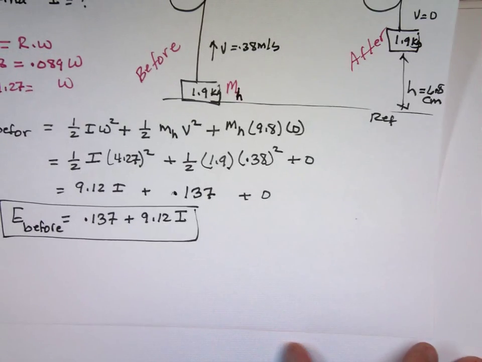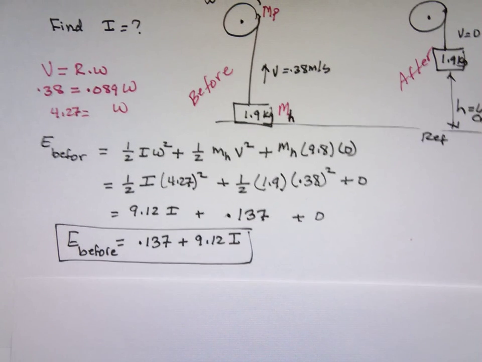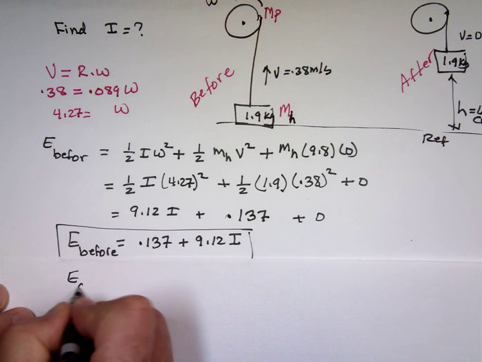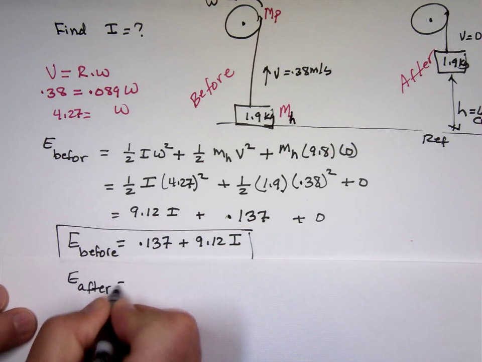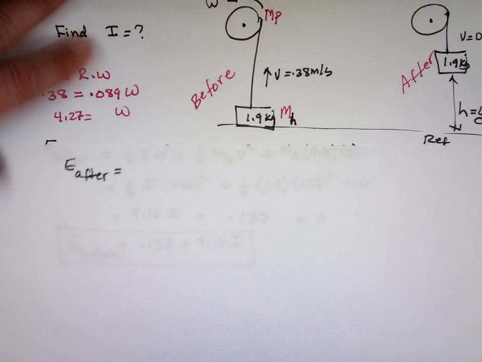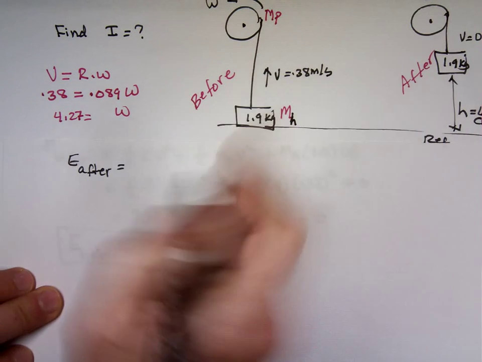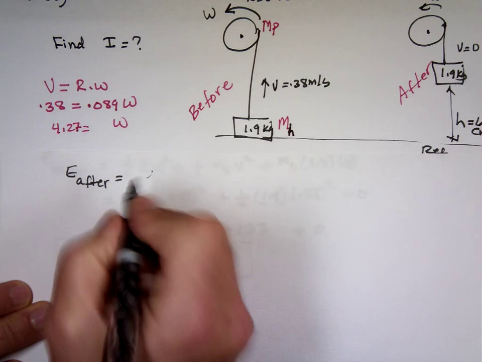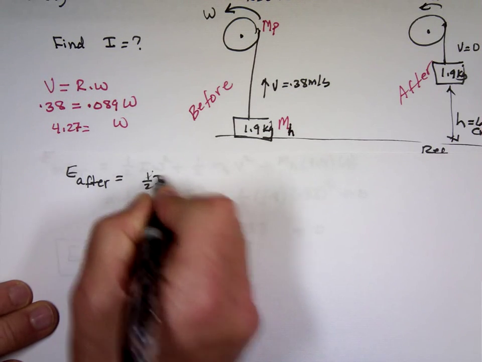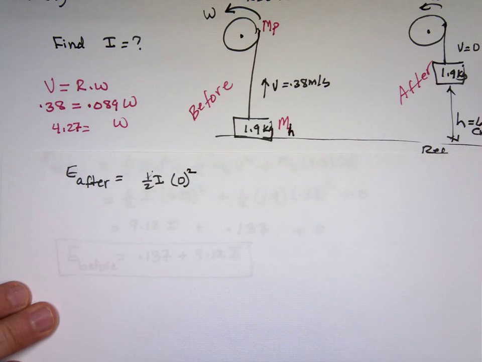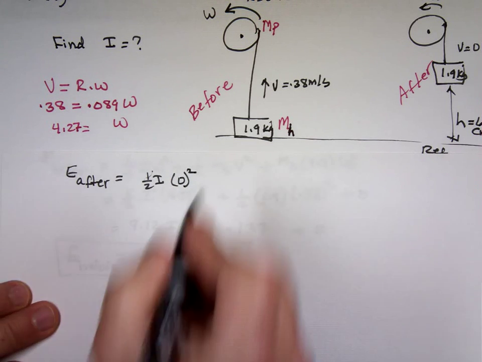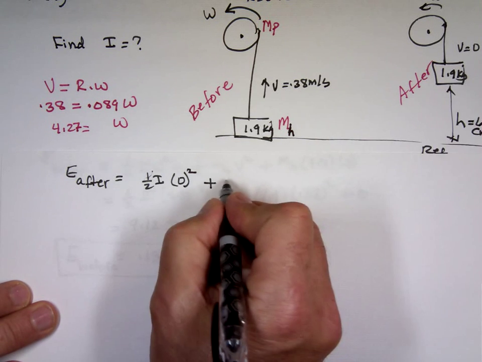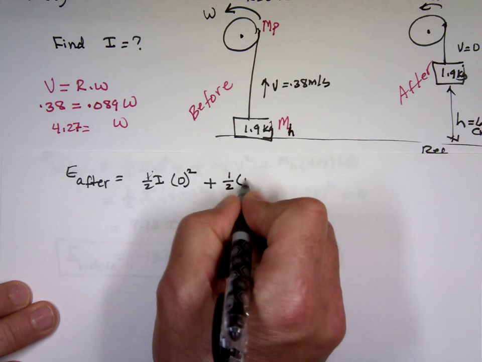Let's look at the energy after. E after. This one moved up. So the kinetic energy due to rotation, well, the pulley never moved. It's 1/2 I, but W is 0. The weight moved up, but now it's no longer moving. It's 1/2 the mass, which is 1.9, times the velocity squared, which is 0 squared.